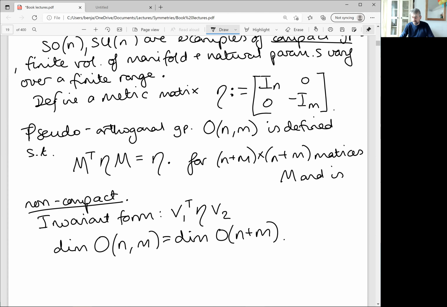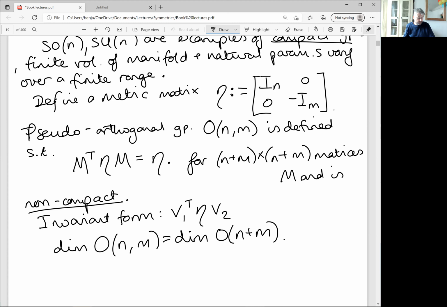That's kind of obvious, because if we put a plus in front of the I_m, it's not going to change how many conditions we stipulate to begin with.